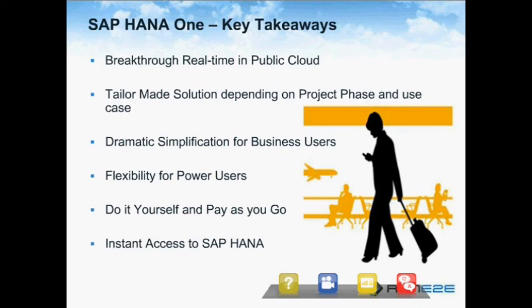And you can do it yourself and pay as you go. That's probably a very large reason to leverage this type of environment, because it's pay as you go, which is a lot easier than the huge infrastructure commitments that you need to make and the licensing that you need to get from SAP when you go through the on-premise environment.